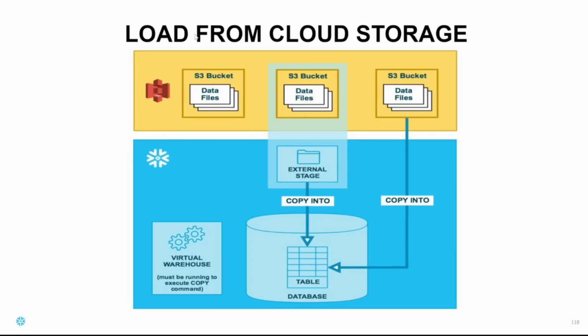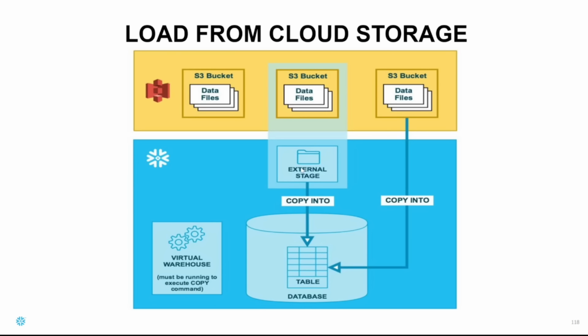Now, if you want to load the data from a cloud storage, there are two ways. One, you create an external stage, which is going to reference your S3 bucket, and from there you can use the copy command to load the data into your table. Or you can directly use the S3 bucket location and run a copy command on that and load into a table. But this is not a recommended way, because creating an external stage will put some sort of security measures on top of that.